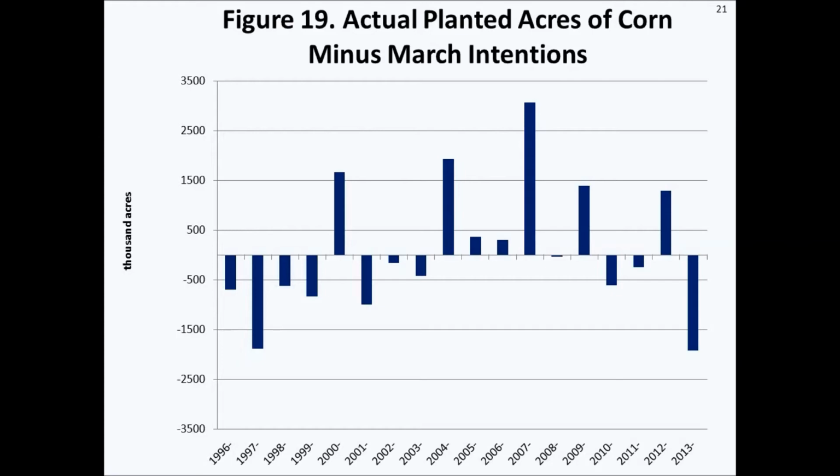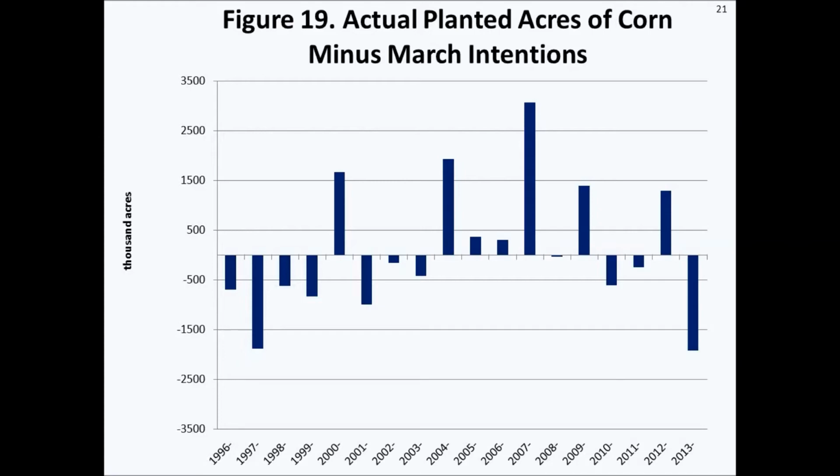Now, I do want to just kind of finish up here by saying the acreage numbers are actually intentions numbers, as you know, and I think it's useful to keep in mind that what we actually plant in some years can differ fairly dramatically from intentions.